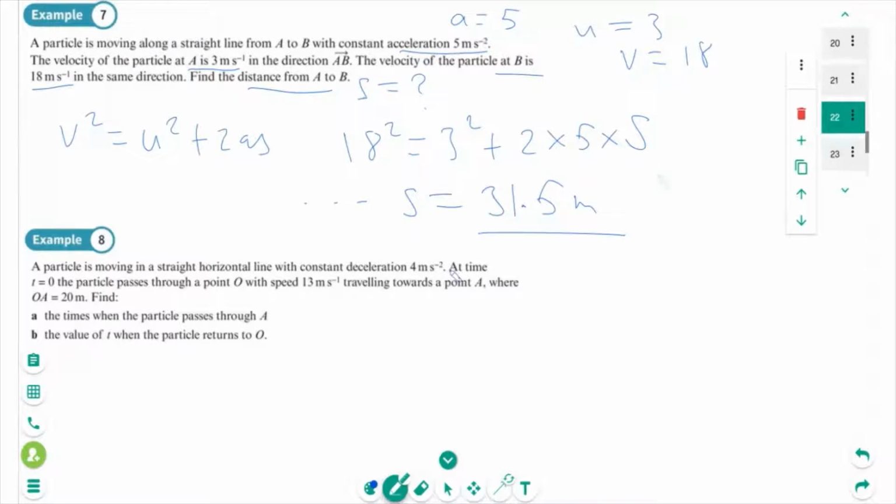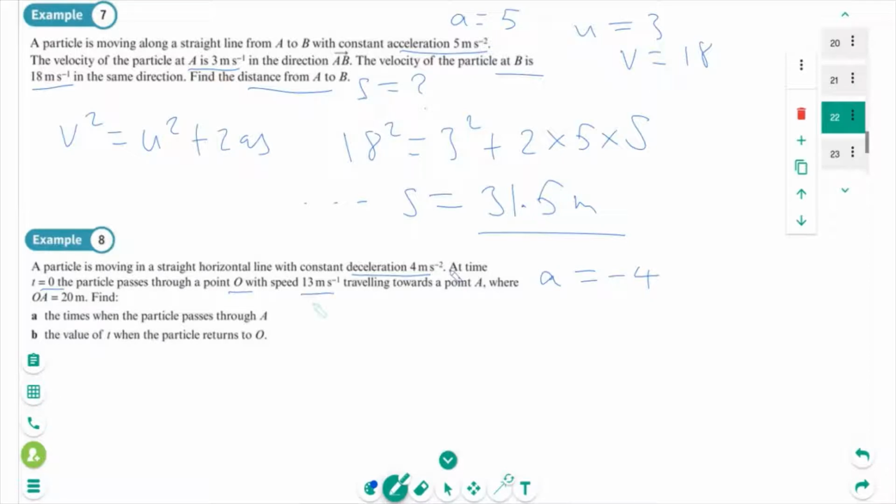The particle is moving in a straight line with constant deceleration. Deceleration means the acceleration is negative, so you take a to be minus 1.4, slowing down. At time t equals 0, the particle passes through the point O with speed 13 meters per second.